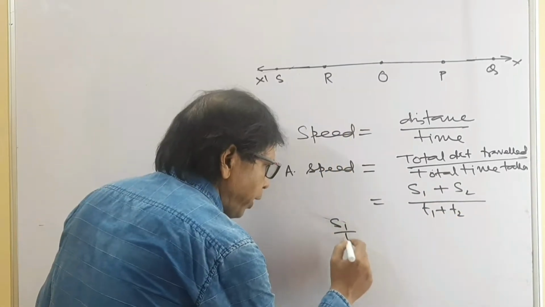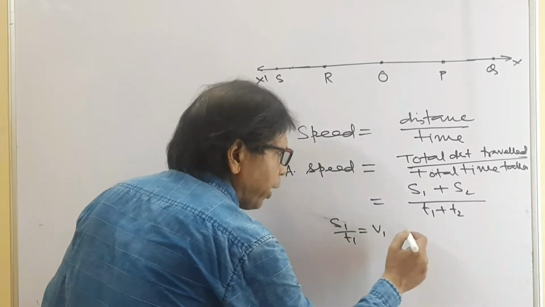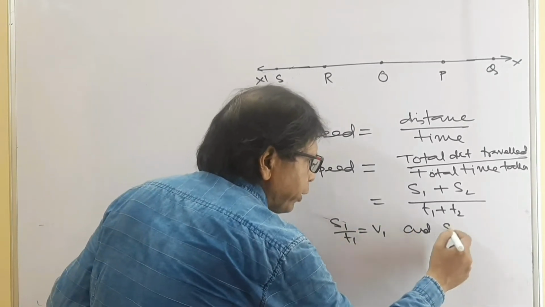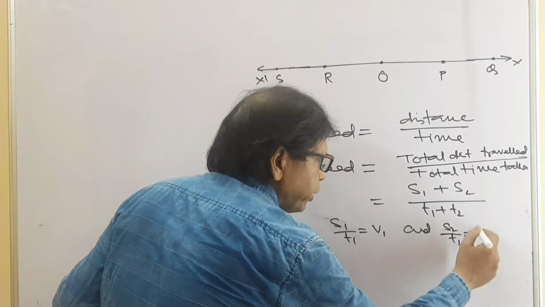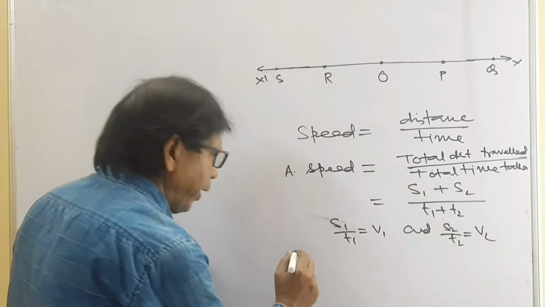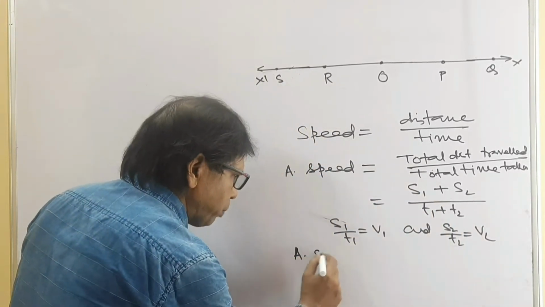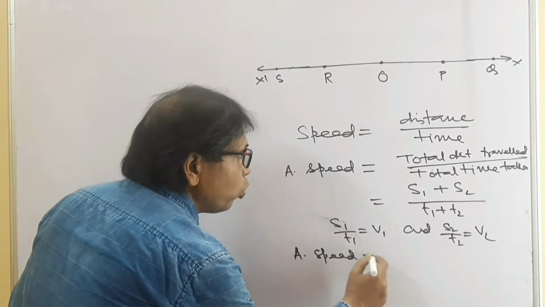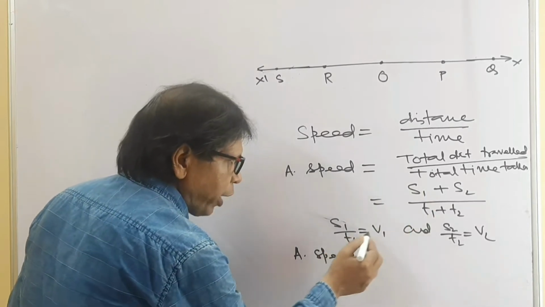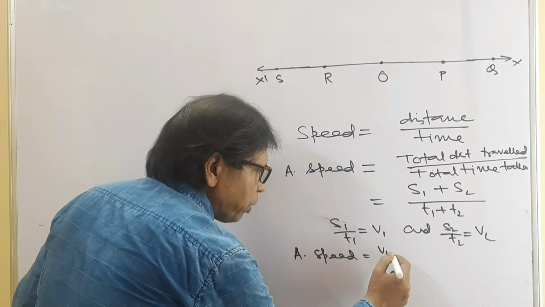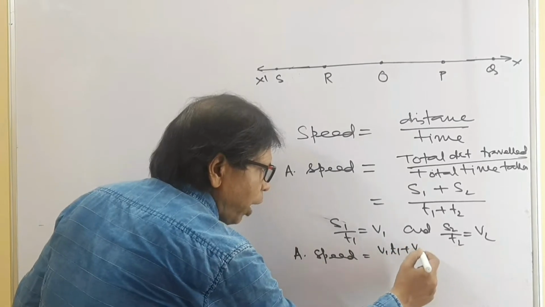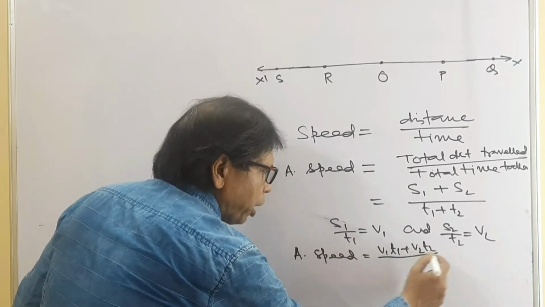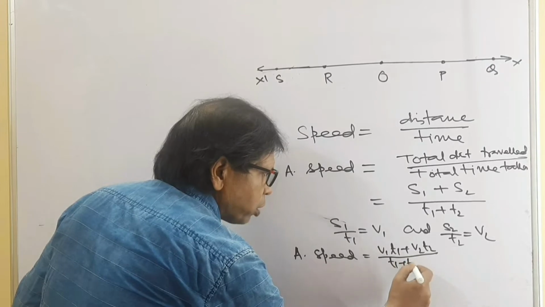If s1 by t1 is equal to v1 and s2 by t2 is v2, then average speed equals, with s1 equal to v1 t1 and s2 equal to v2 t2, v1 t1 plus v2 t2 divided by t1 plus t2.